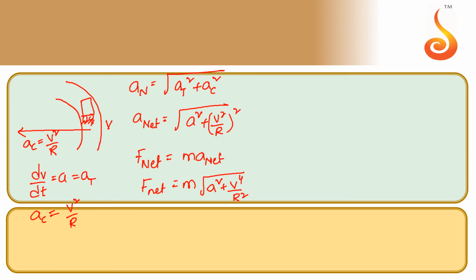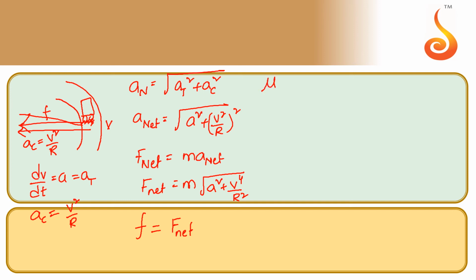So the car will skid when the net force is equivalent to the frictional force, because friction is the one which is supporting the car to move in the circular path. So frictional force will be equal to net force, and until then the car will move in the horizontal circle. Once the frictional force is exceeded or equivalent to net force, the car starts to skid.